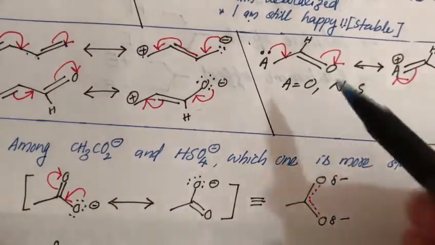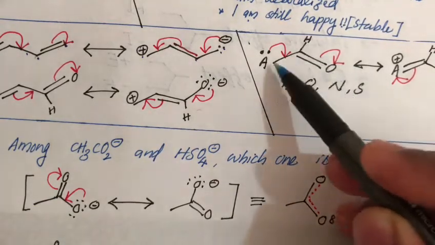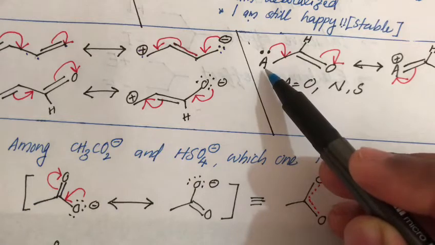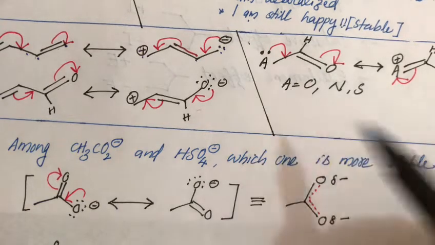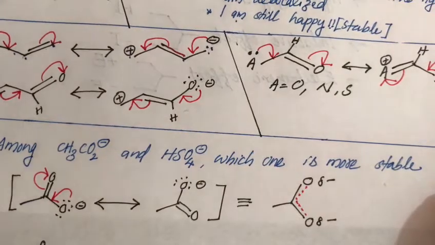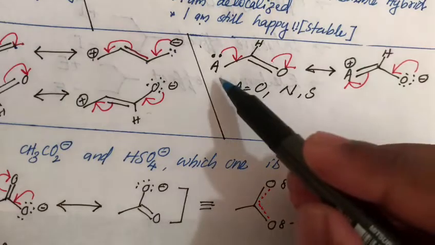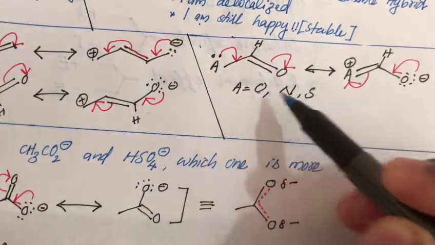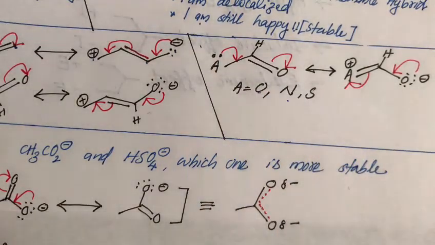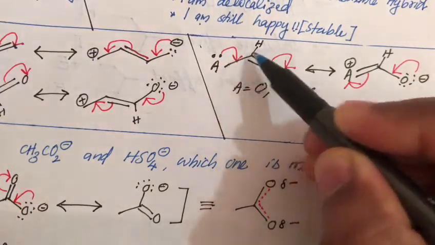Another situation, if you have a carbonyl functional group and the next group has a lone pair of electrons, at that position you should expect a resonance effect. So this can have oxygen, nitrogen, sulfur, any element having a lone pair of electrons. So this lone pair moves to this position.